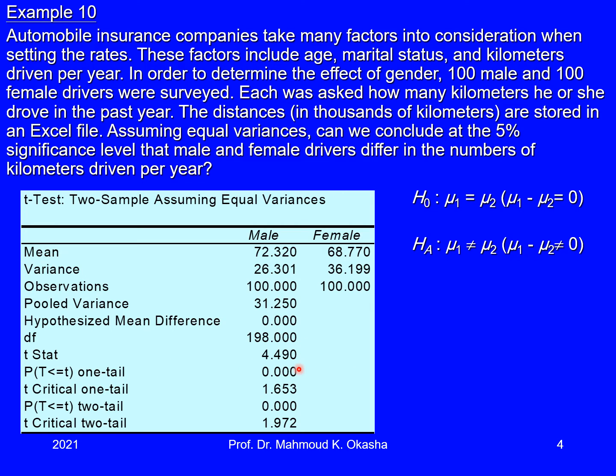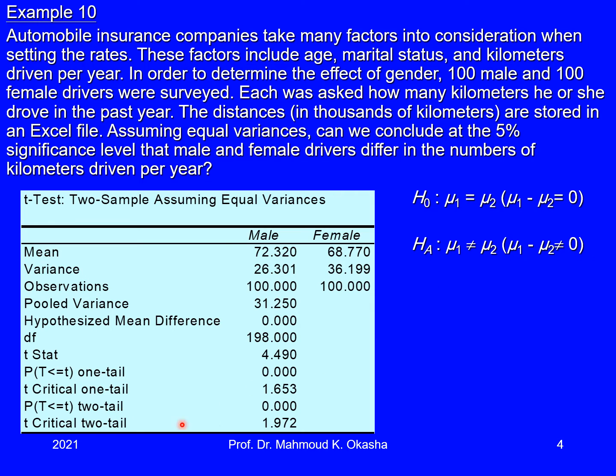So the t statistic, or z, the same, is 4.49. The probability of t less than t is for 1 tail; that's the p-value for 1 tail, and the critical t for 1 tail is 1.693, which we want to compare with this. But we are interested in 2 tails, not 1 tail, because we have a 2-tailed test.